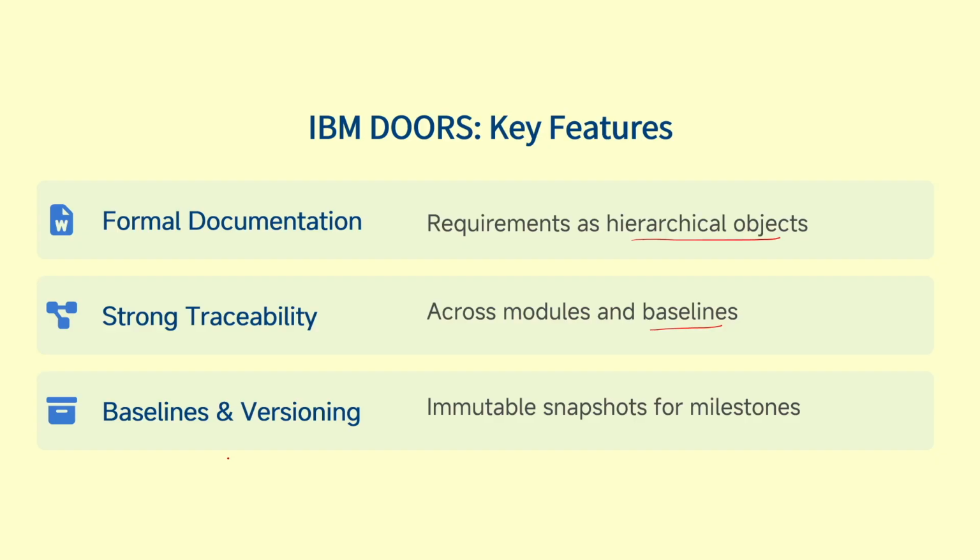Baselines and versioning is another key feature. It gives you an immutable snapshot for milestones. So what do we mean by a milestone? You start with the software development and you move forward. In between you will have several milestones: milestone 1, milestone 2, milestone 3.